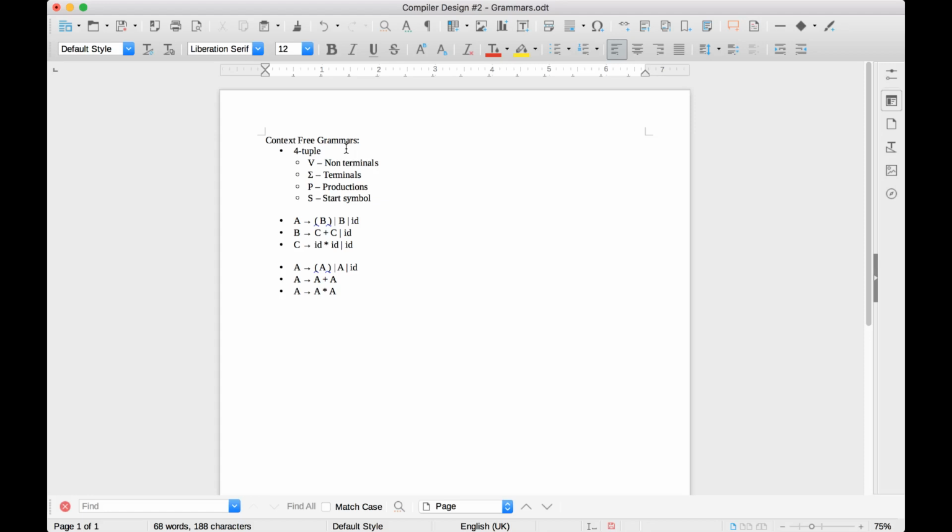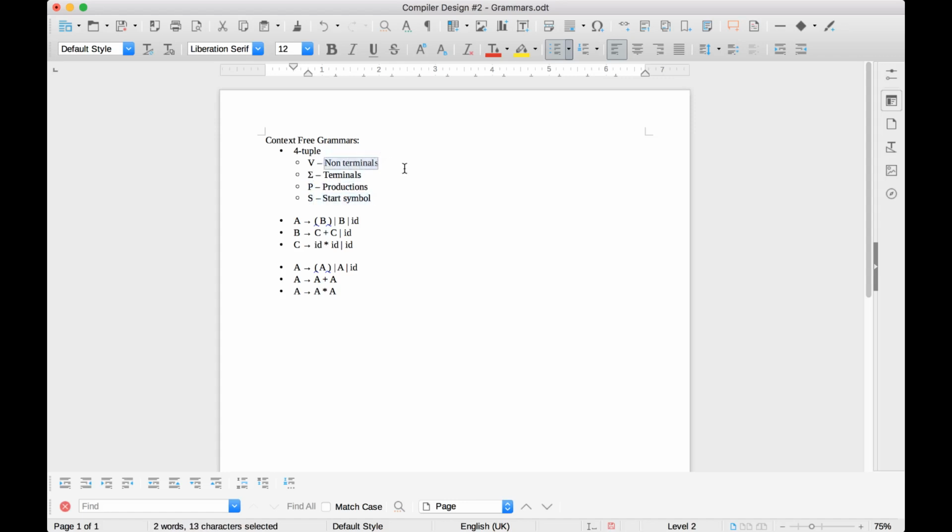Well, a context-free grammar is a four-tuple, which, just to remind you, means it effectively has four components. V, its non-terminals, sigma, its terminals, P, its productions, and S, the start symbol.